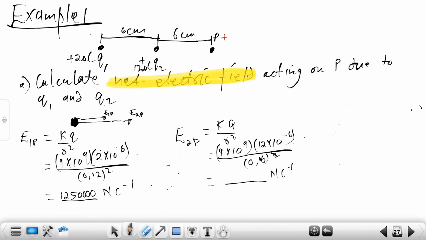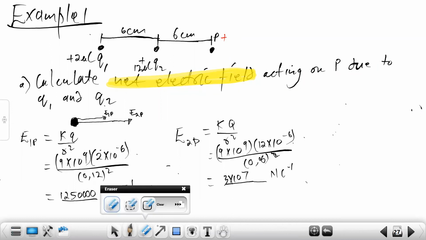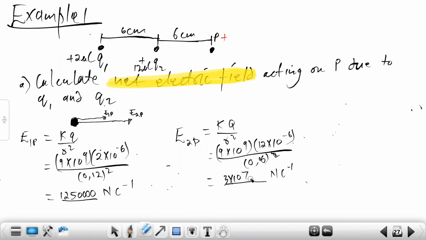So it's 3 multiplied by 10 to power 7. To power 7, 100%. Then let me check.